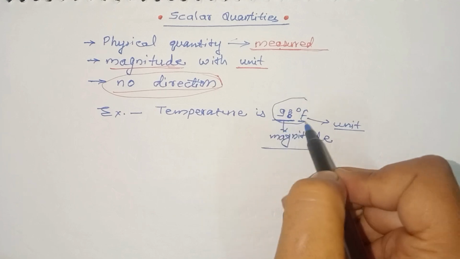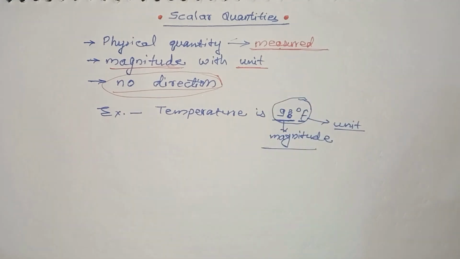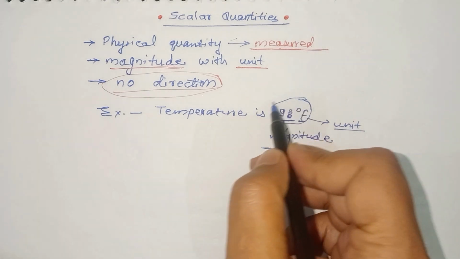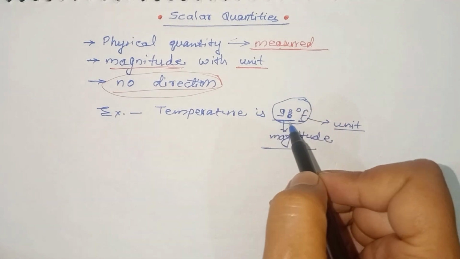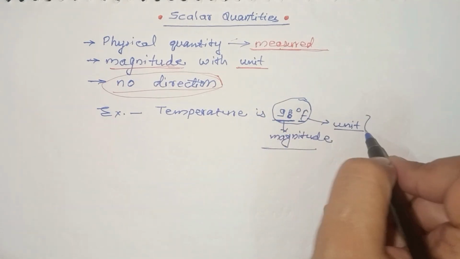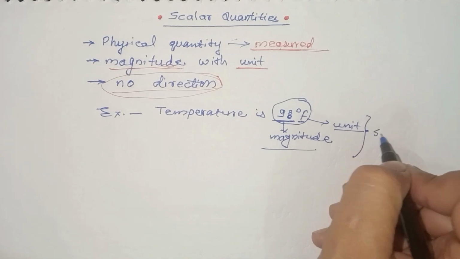Is 98 degree Fahrenheit showing any type of direction, either east, west, or any angular direction like theta? No. There is nothing like that, no angles involved in degree Fahrenheit. Therefore, this is called a scalar quantity.